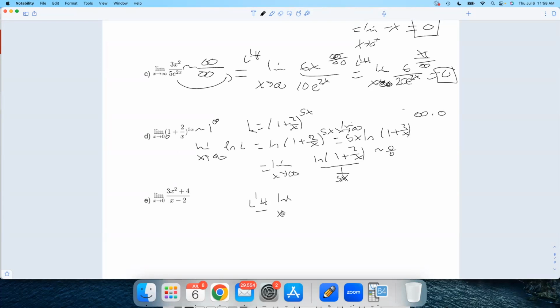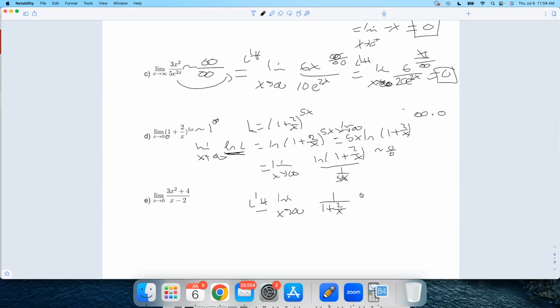So I'm going to have limit as x goes to infinity. And keep in mind this whole time that what we're finding is the natural log of the limit L. So at the end, I'm still going to have to get rid of this natural log, but that'll come later. All right, derivative of natural log of anything is 1 over that thing times the derivative of what's inside.